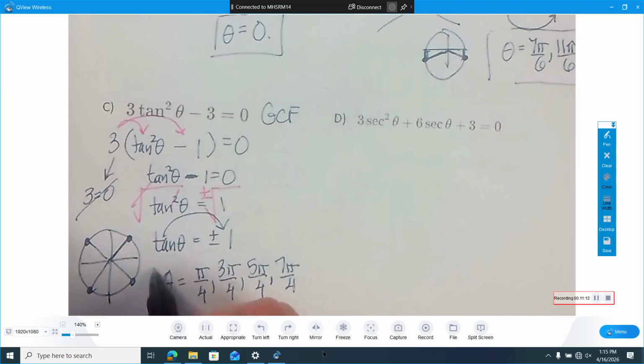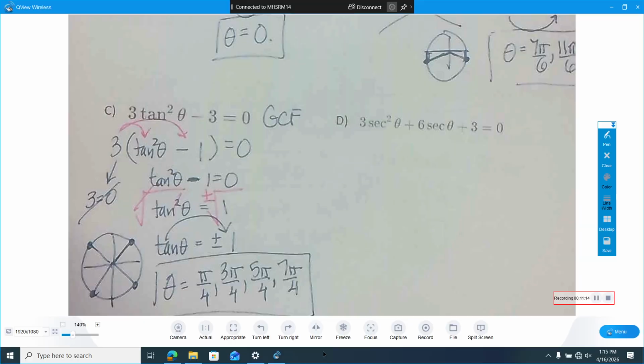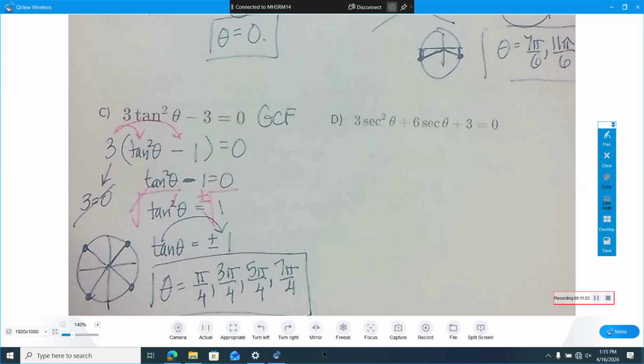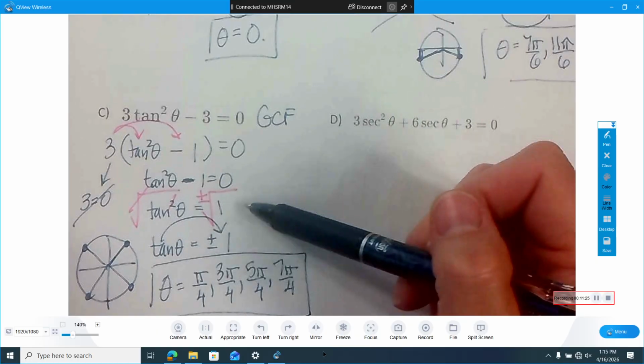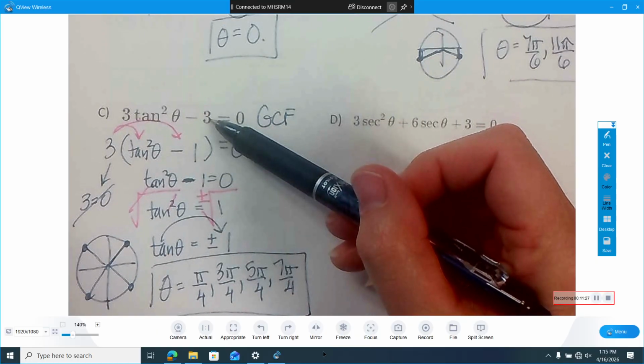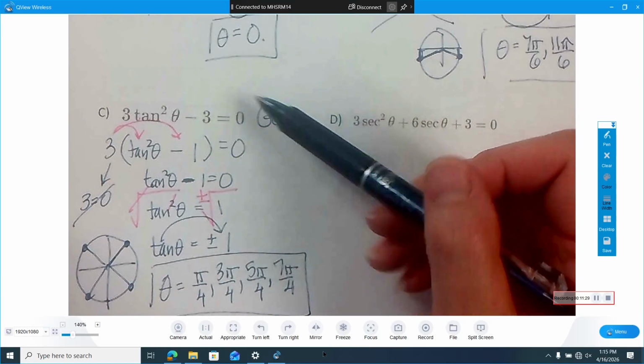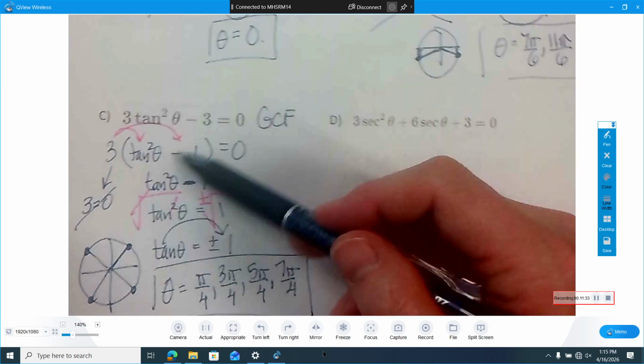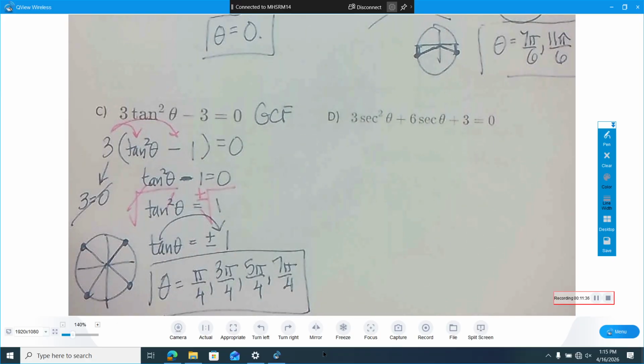So all the over 4s are where tangent is equal to 1. All the isosceles triangles. All right. So that was this one. Technically, we could have used the square root method from the beginning. We could have just added the 3 divided by 3, and then we'd get the same result. But so square root method. That's why I did it that way. That was the goal of that one.